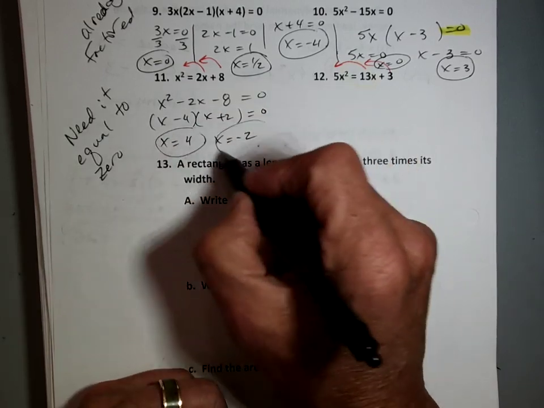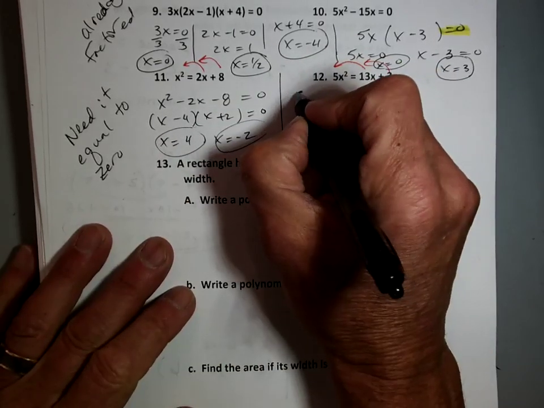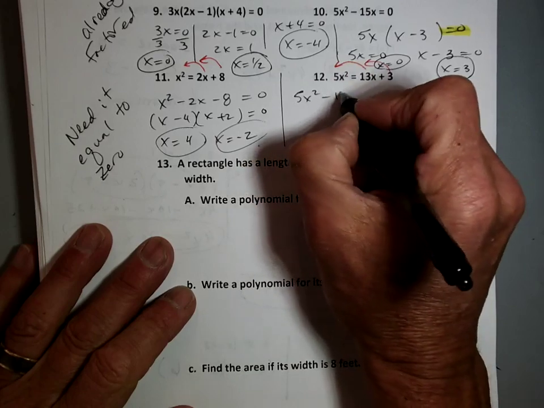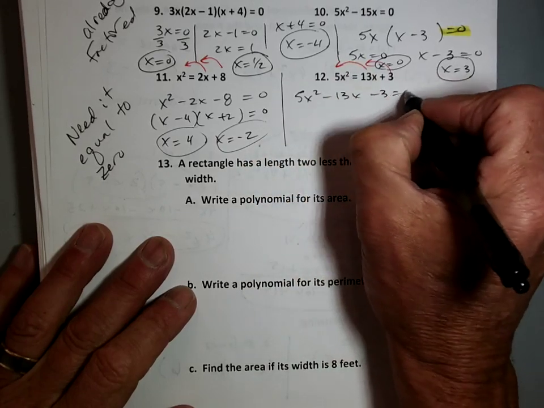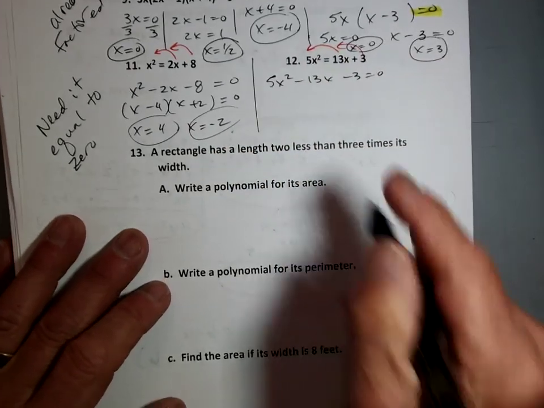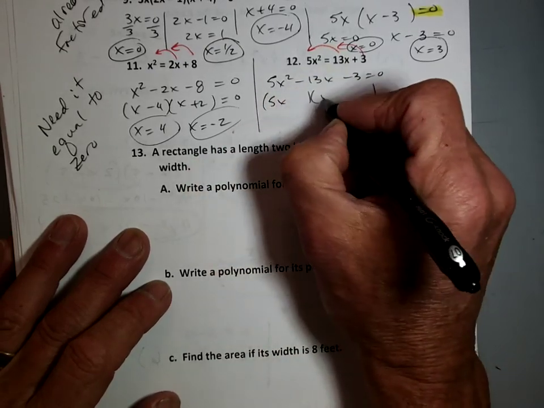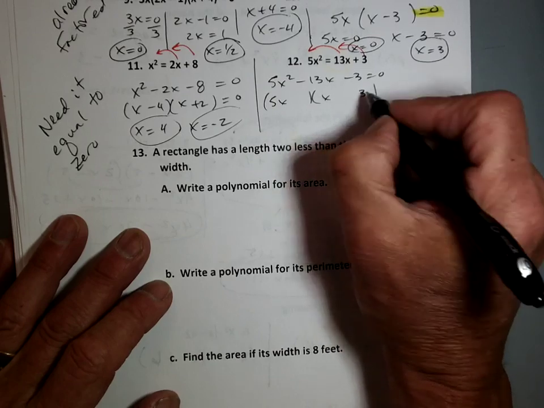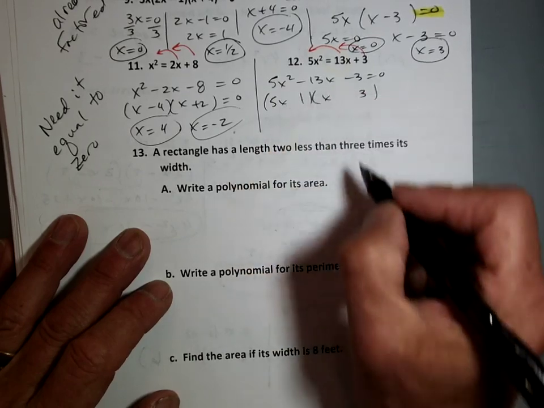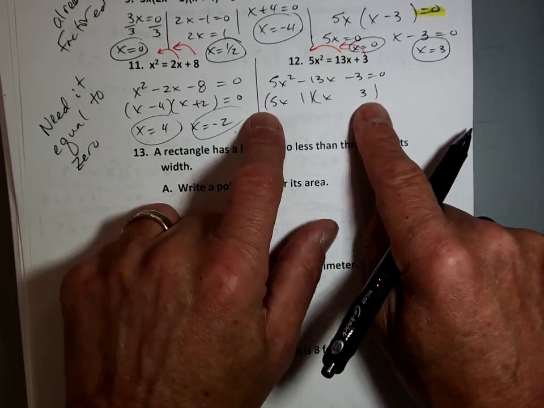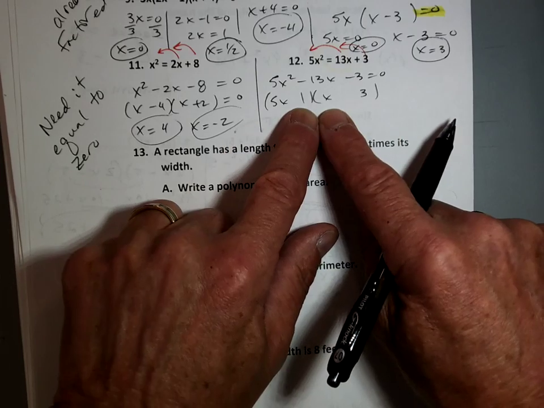So on 12, Anthony, I'm going to go 5x squared minus 13x minus 3 equals 0. Okay? And I'm going to go 5x, x. I'm going to go 3 here and 1 here. 15 and... that makes 14.